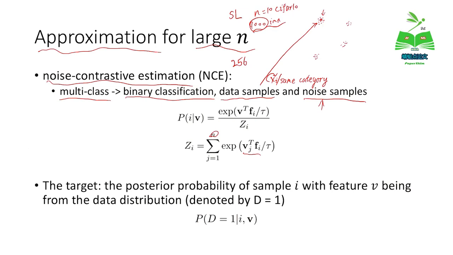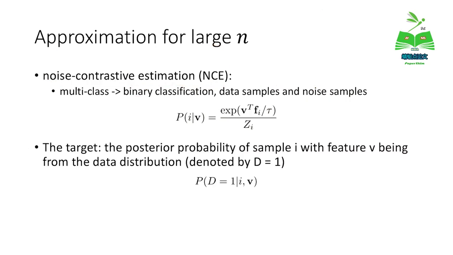So based on this NCE, the target is to compute the posterior probability of the sample i with feature v being from the data distribution. Given i and v, the probability of it being from the data distribution, D equal to 1. If D equal to 0, then it means it's from the noise distribution. So the problem is how to compute this one.